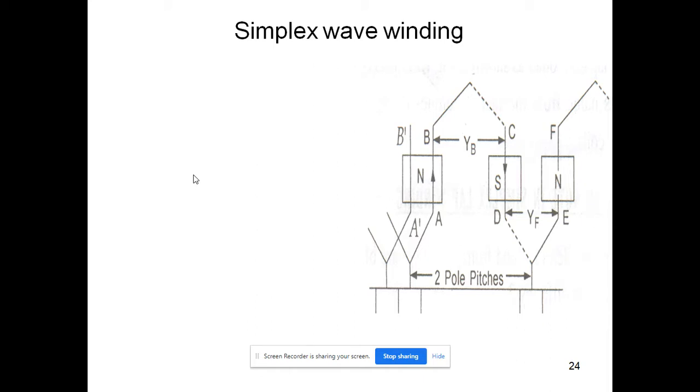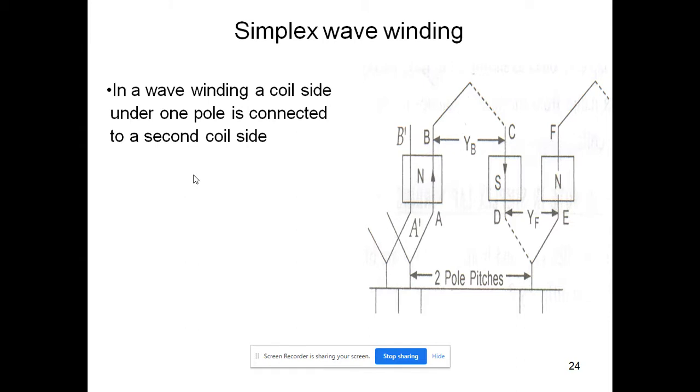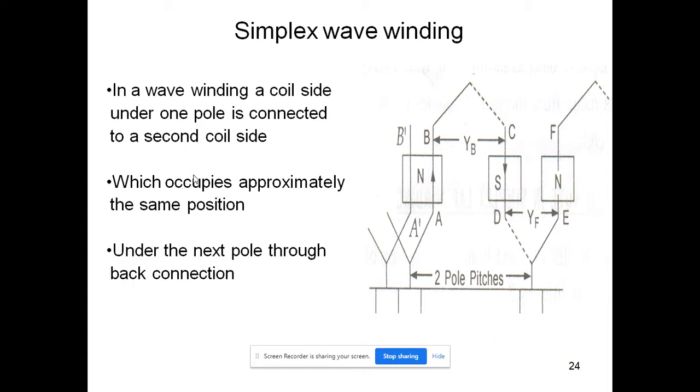Now let us see a simple wave winding. In a wave winding, a coil side under one pole is connected to another coil side which approximately occupies the same position under the next pole.